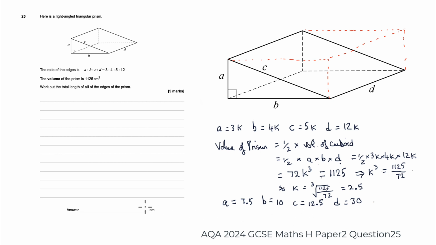So finally, the total length of the edges. Well, let's have a look at this. How many A's are there? There's this one and the one at the other end. So there's 2 of them. And how many lengths B are there?